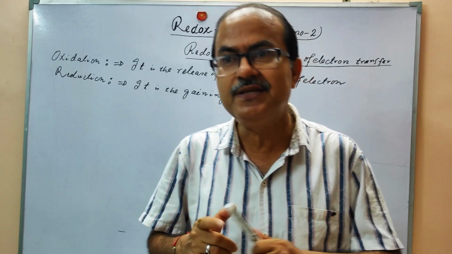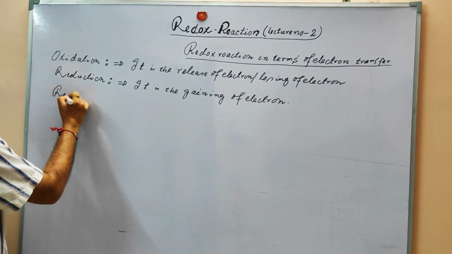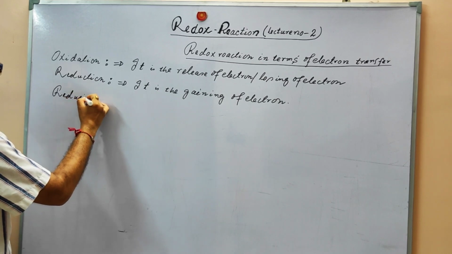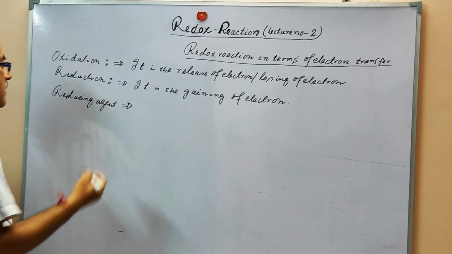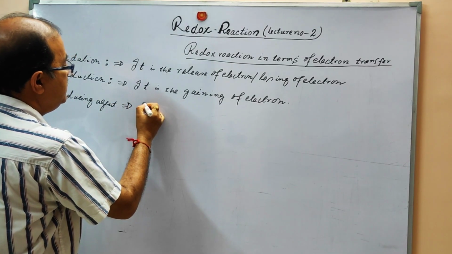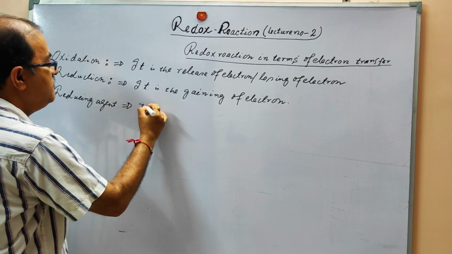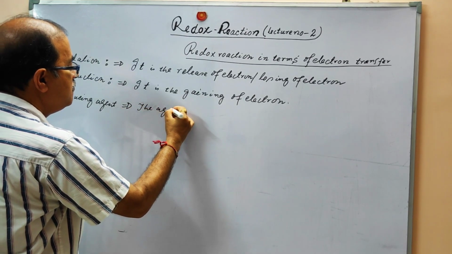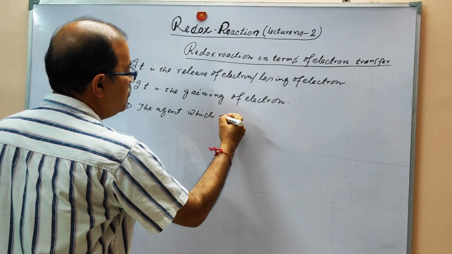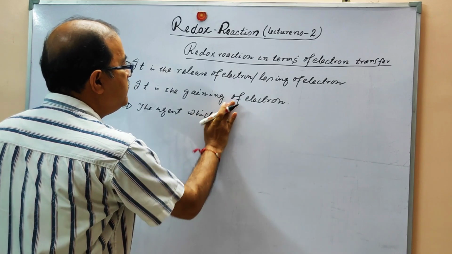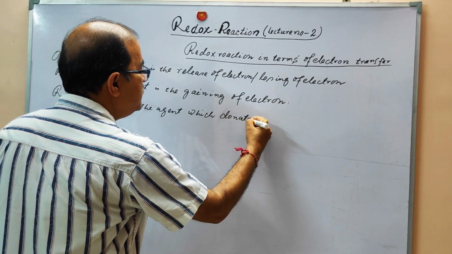So what is a reducing agent? Then another term comes, the reducing agent. A reducing agent is the agent which loses, or you can say which donates electrons.